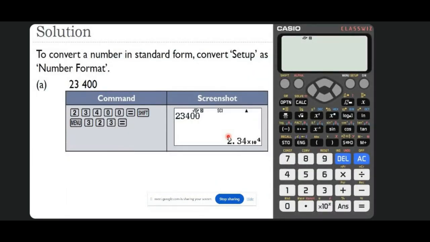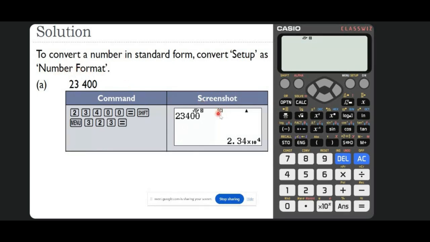Okay, next is the number format. For example, you want to change a normal number into scientific form or standard form. So the same thing, you key in 23400. Because just now you already set up the calculator in number format, you no need to reset or press the menu setup again.